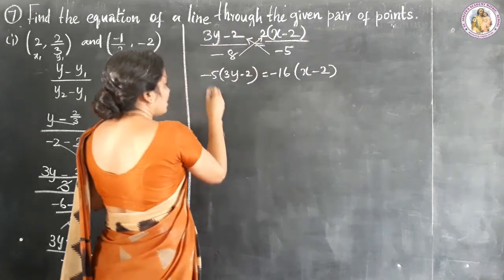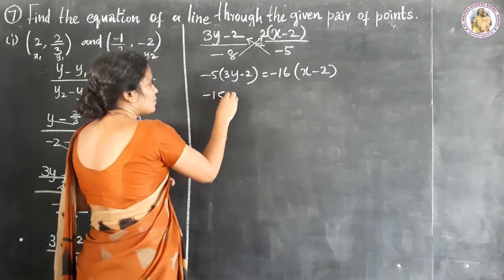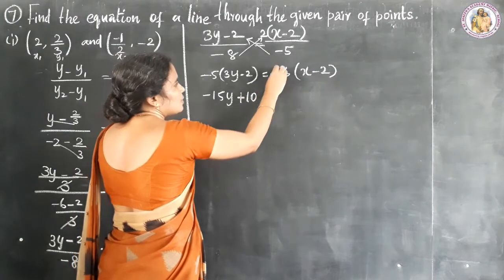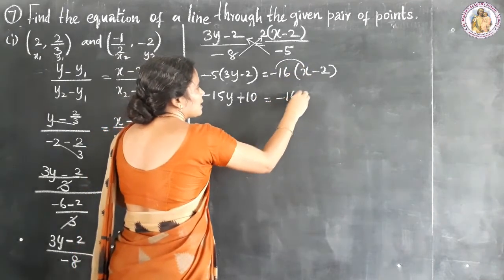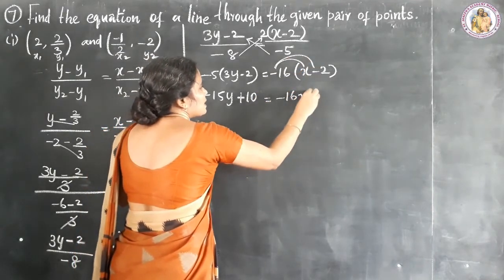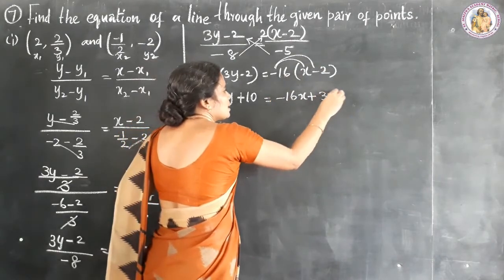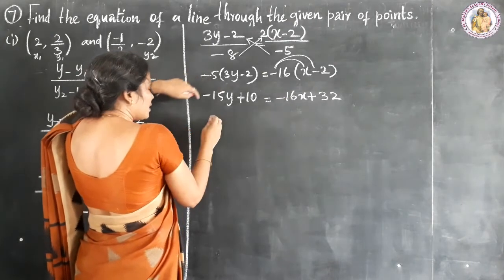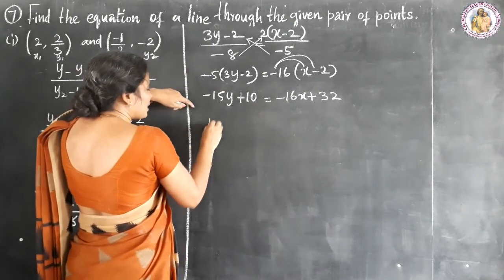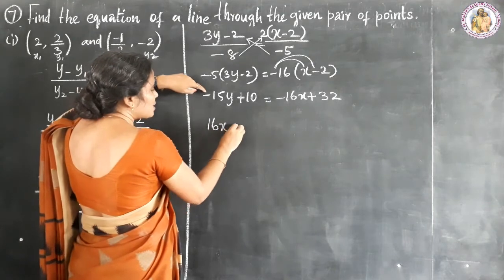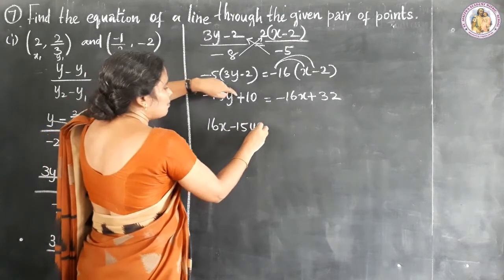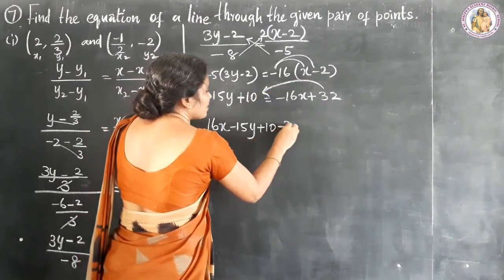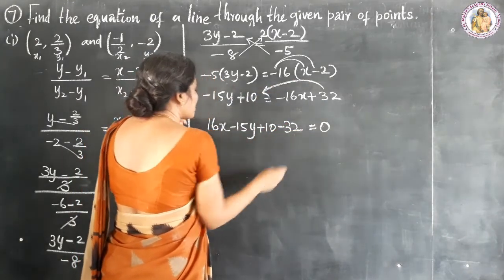Now multiply: 5 3s are 15y, minus into minus plus, 5 2s are 10, is equal to 16 into x, minus 16x, minus into minus plus, 16 into 2 is 32. Now take x to the left side, minus 16x becomes plus 16x and minus 15y plus 10, and take plus 32 to the left side, becomes minus 32, is equal to 0.